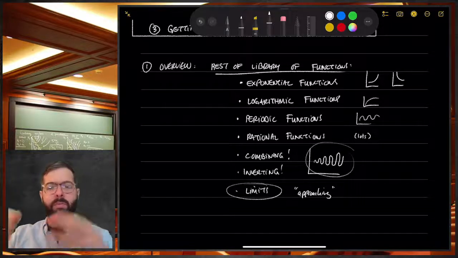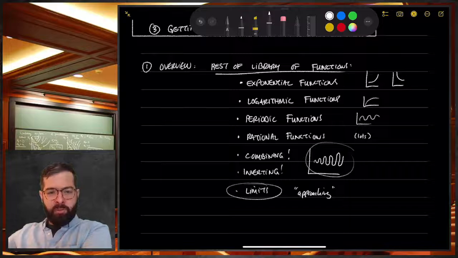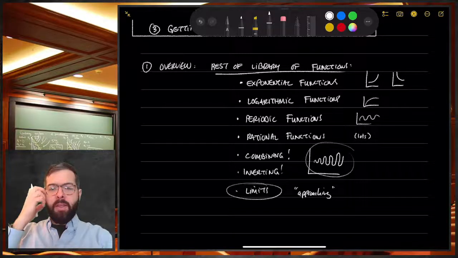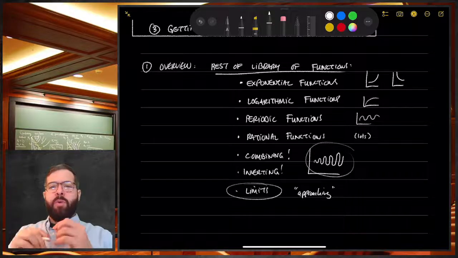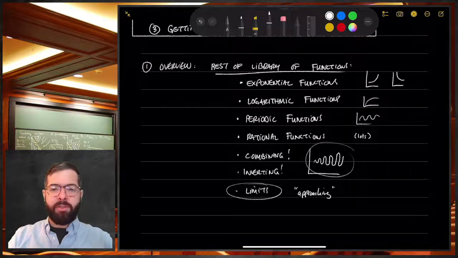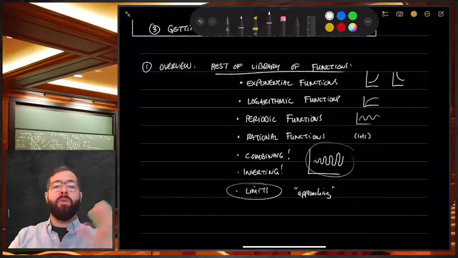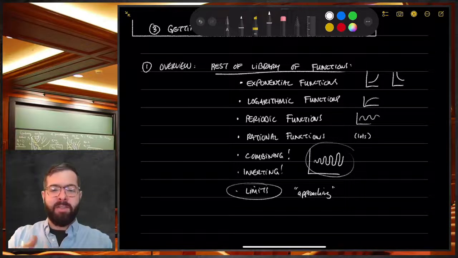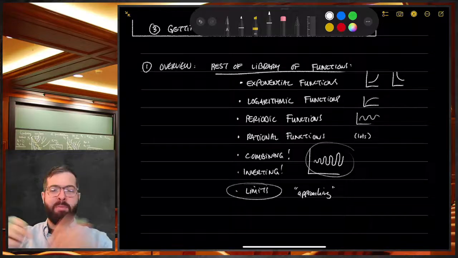So this notion of when the independent variable approaches something, what happens to the dependent variable, or what happens to the response? For those of us who are not going on to calculus, this will cap off all the major patterns of behavior that you can use to model situations in the real world. And for those of us going on to calculus, this is setting you up to actually do calculus on these things, which is the next level of excitement.